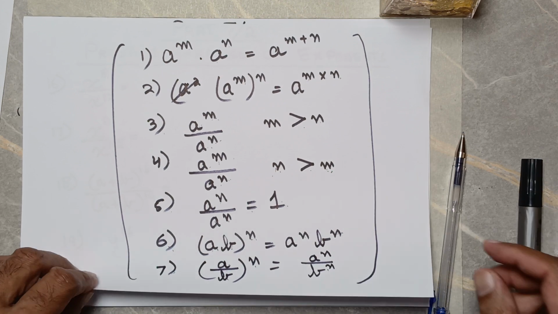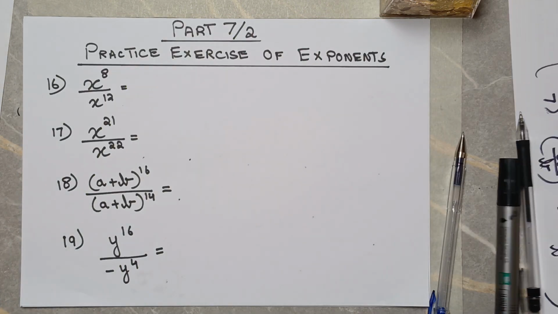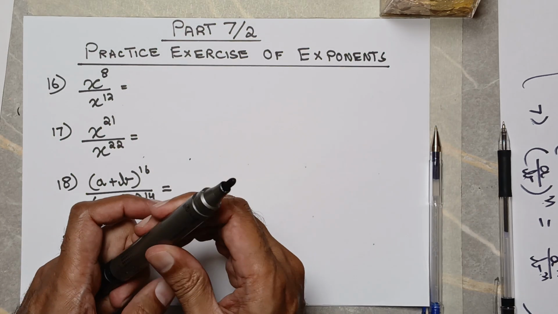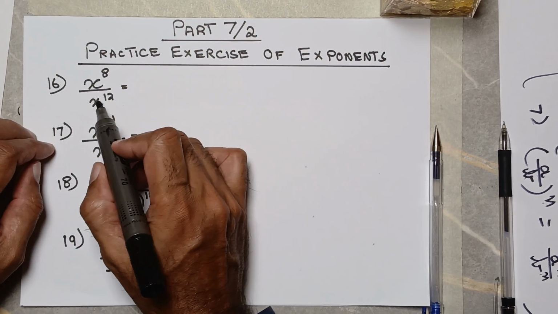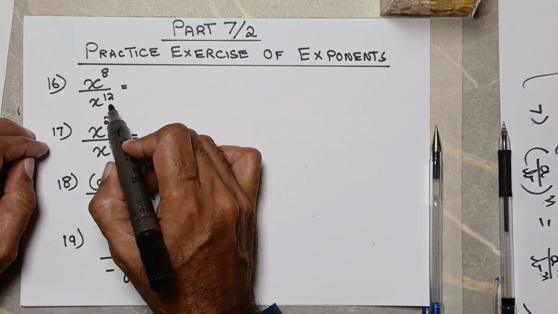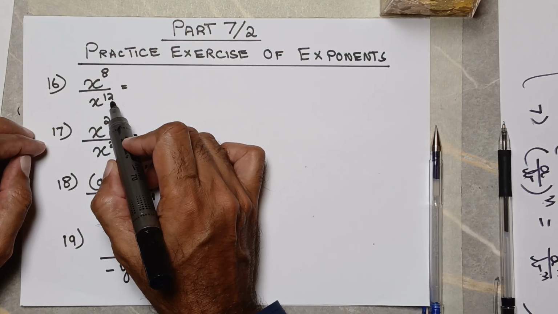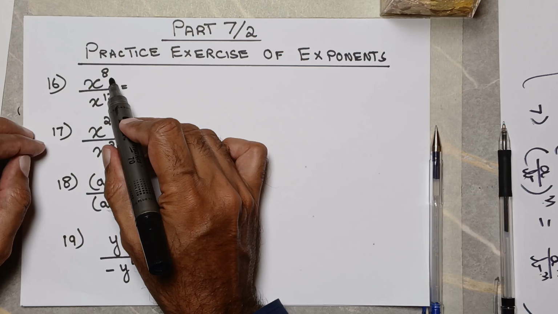So now we shall begin our exercise. The first condition was x^8 divided by x^12. It simply states that the denominator exponent n is greater than the numerator exponent.